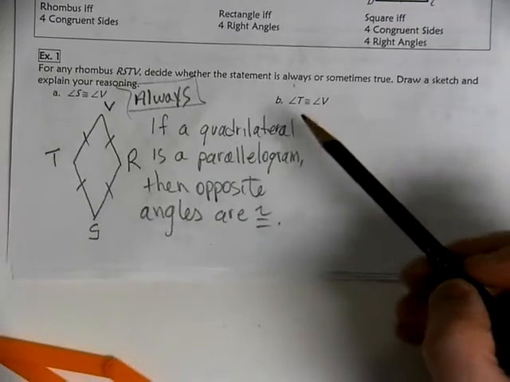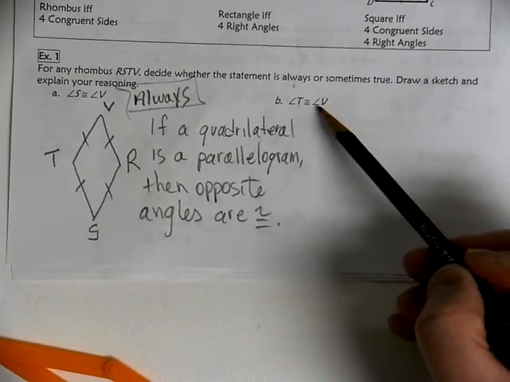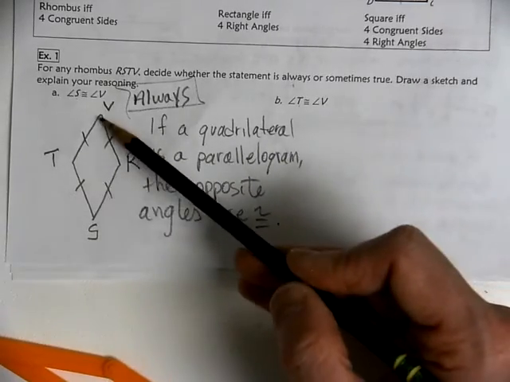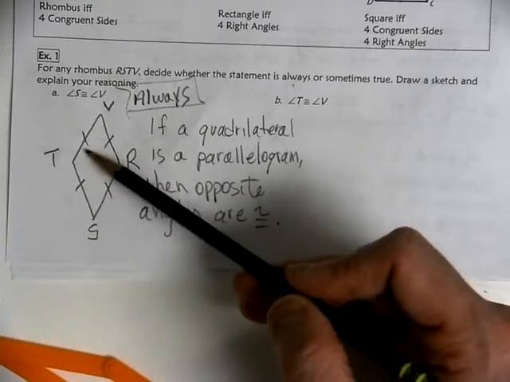Let's take a look at T and V. T and V, they're consecutive angles.